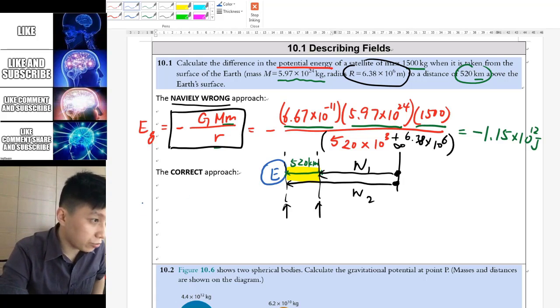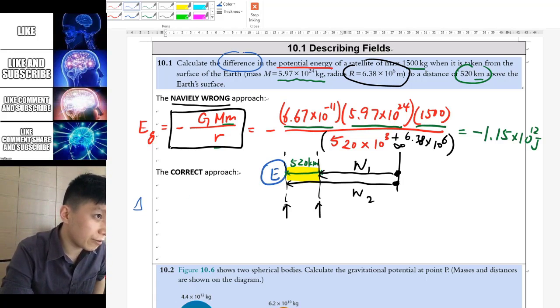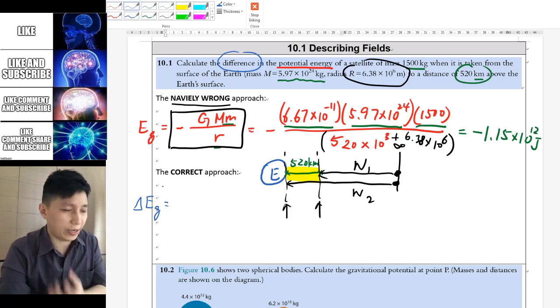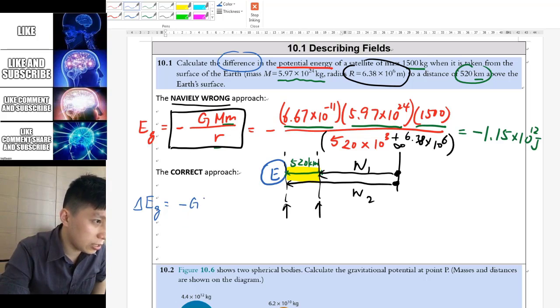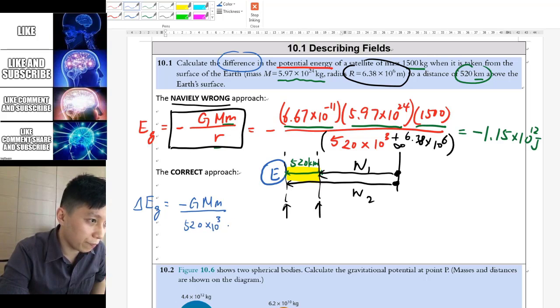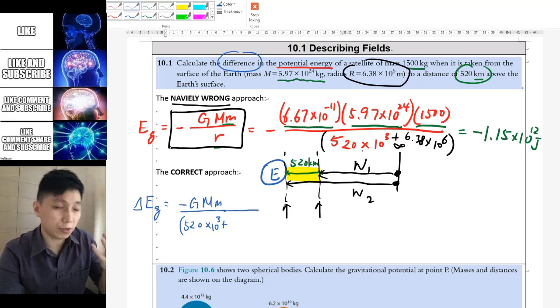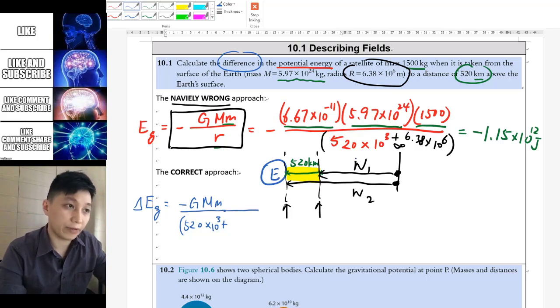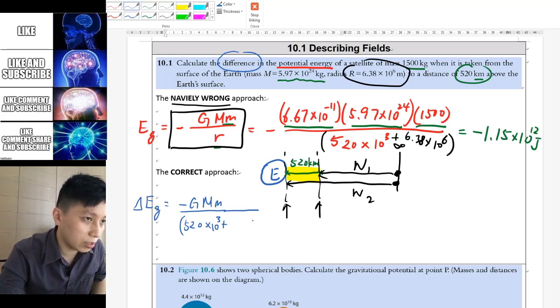Okay, so let me start to do it. In fact, we're trying to find the difference of potential energy, so I'll put down delta E instead of just the energy at a position. That should be GMm over R, one of them being the new one, which is 520 times 10 to the power of 3 plus, because R is supposed to be from the origin, or the center of mass, of the planet. So that will be this one plus 6.38 times 10 to the power of 6.